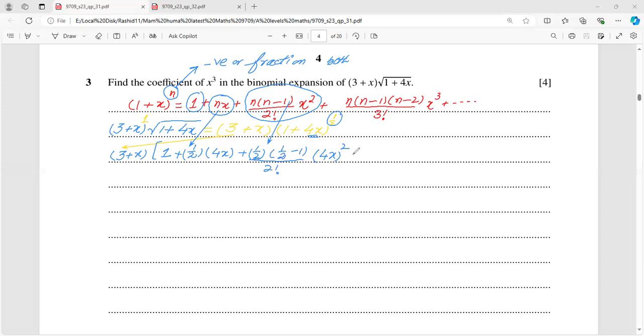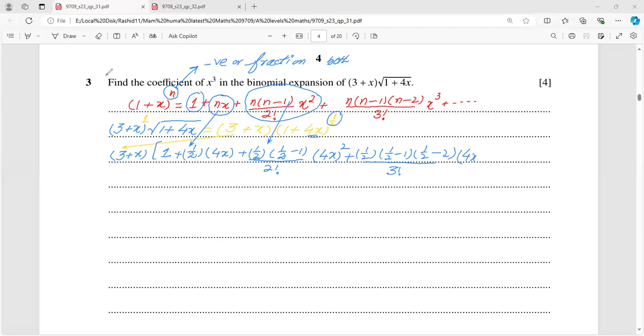Now we have next one is plus n, means again 1 by 2 into 1 by 2 minus 1 into 1 by 2 minus 2, divided by 3 factorial, and you have to write the cube of the second term. The second term in this case is 4x.